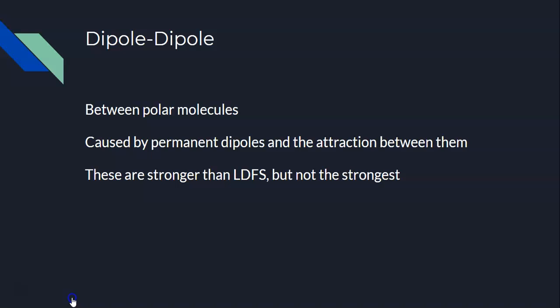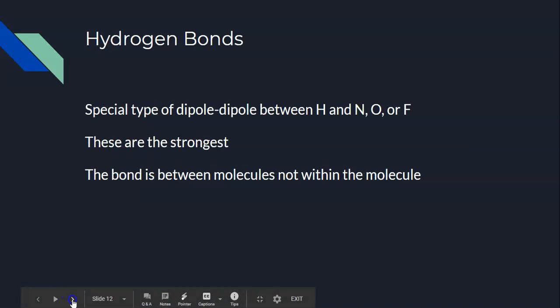So they're the middle. So you have your London dispersion, your dipole, and then you're going to get this last one, which is hydrogen bonds. And this is a special type of dipole. It's a dipole, but it only occurs when you have hydrogen and you bond it to oxygen, nitrogen, or fluorine. So if you have a hydrogen attached to a fluorine, a hydrogen attached to an oxygen, a hydrogen attached to a nitrogen, you could make hydrogen bonds. This is the strongest of our 3 IMFs.